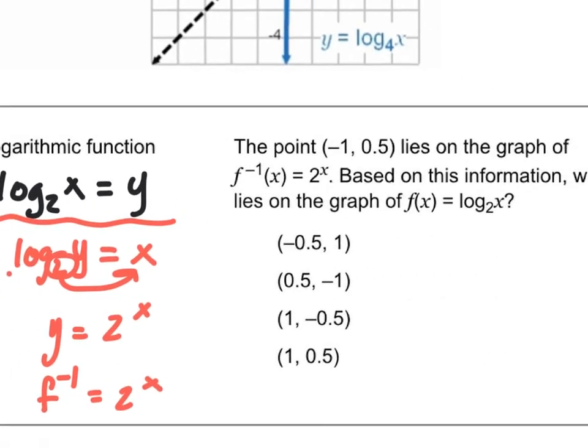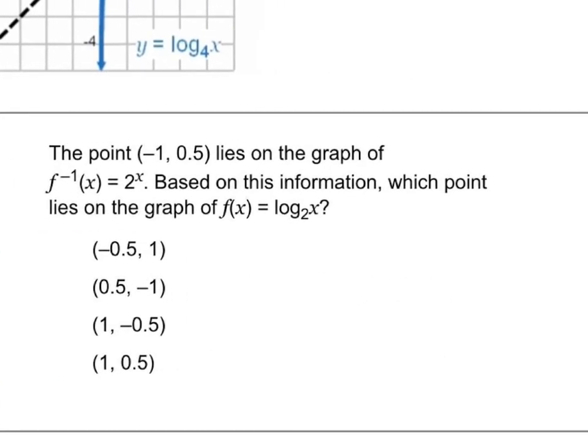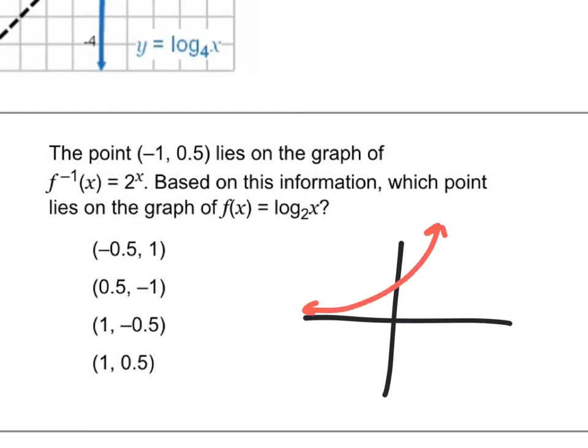So let's take a look at the next one. It says the point negative 1 comma 0.5 lies on the graph of f inverse of x is equal to 2 to the x. Based on the information, which point lies on the graph of the function log base 2 of x? Remember that here's your exponential function, and then your logarithmic function is just reflected over the line y equals x.